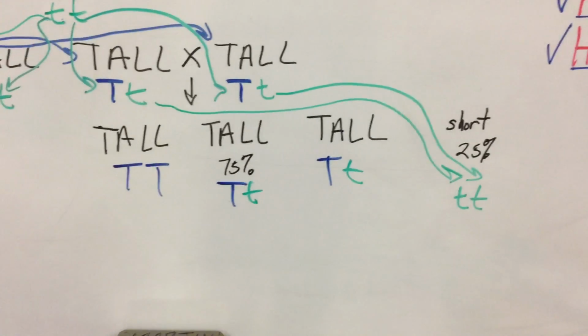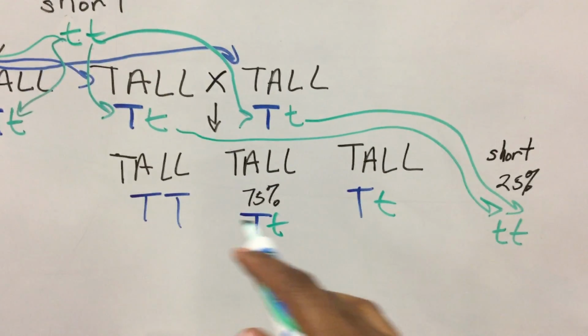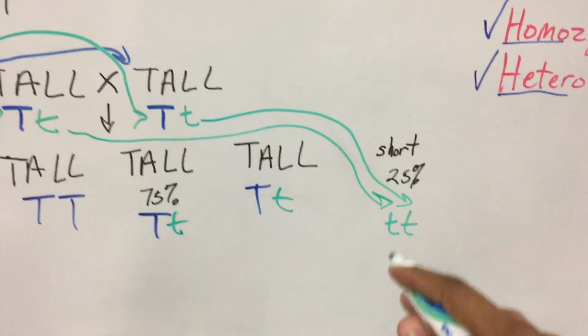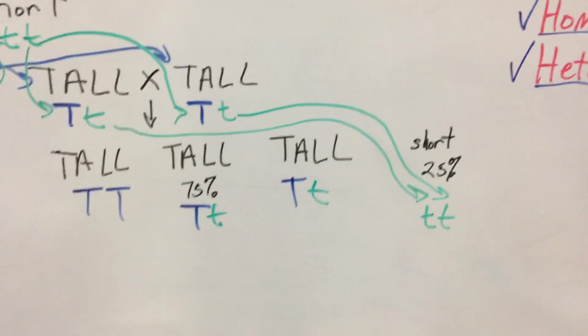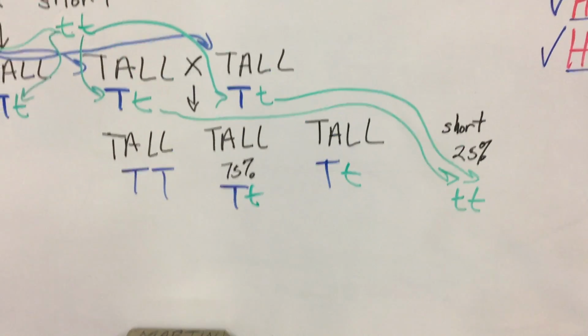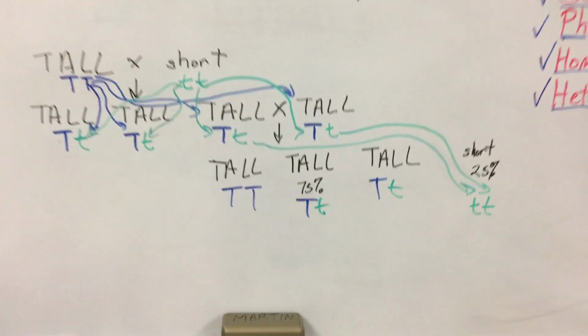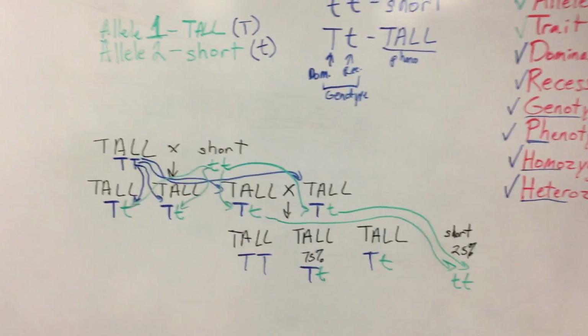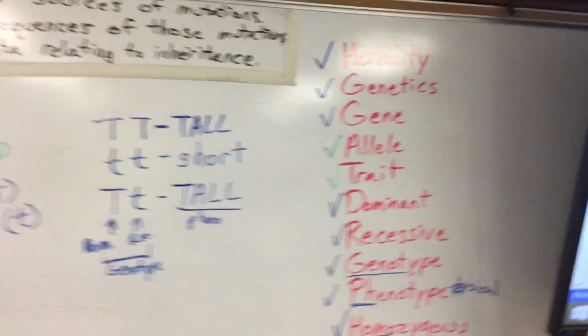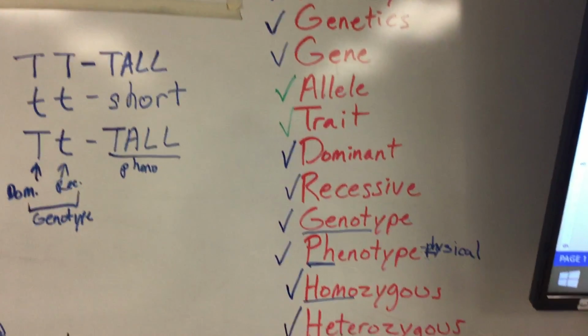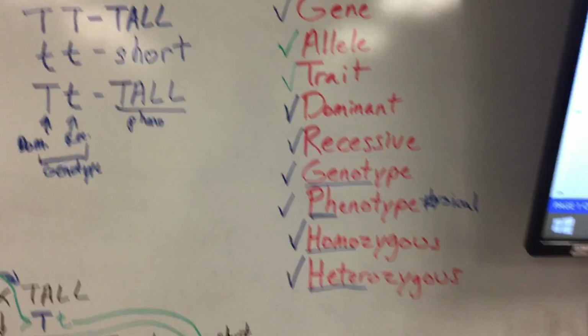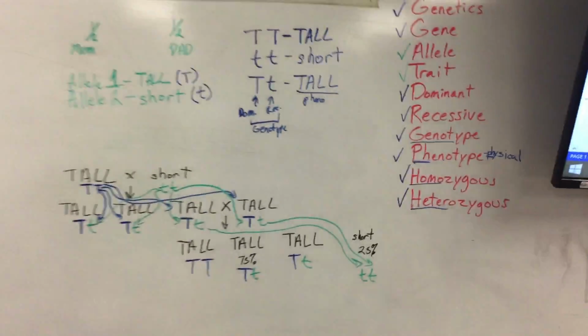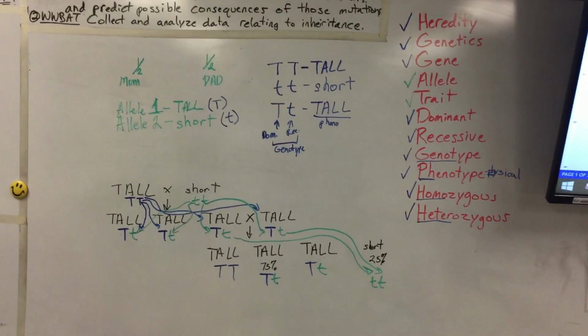So this explains why their offspring would mostly be tall, but sometimes they would end up getting a short one. And we'll understand that more when we get into Punnett squares. But I just wanted to do this to show you the proper words in the proper way. These are all of the vocab words used in their context, so hopefully that helped them make more sense to you as we get into Punnett squares.